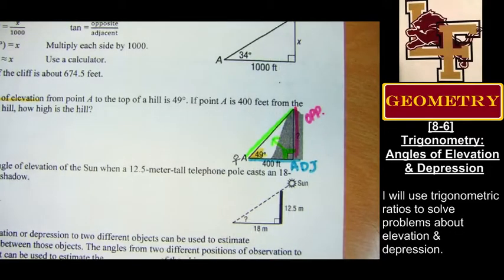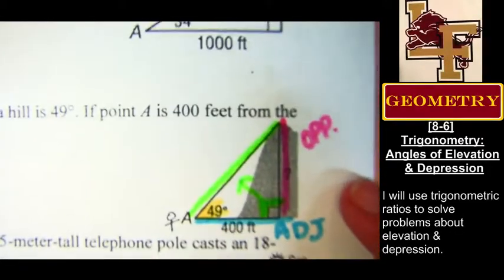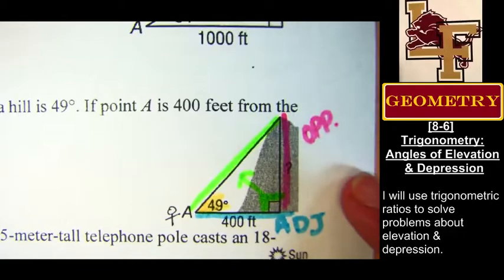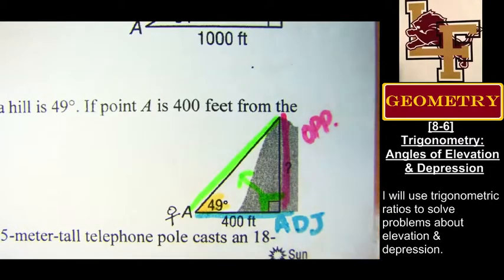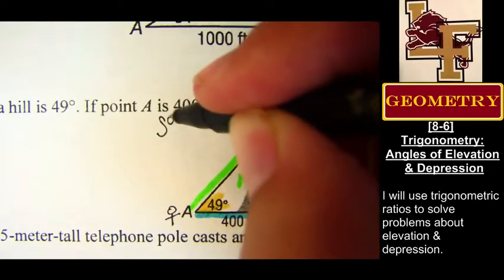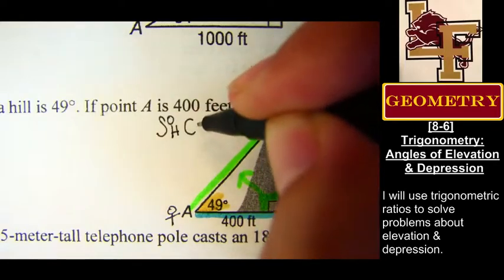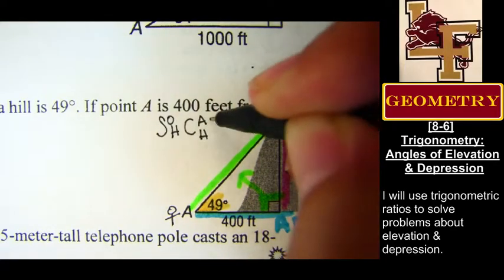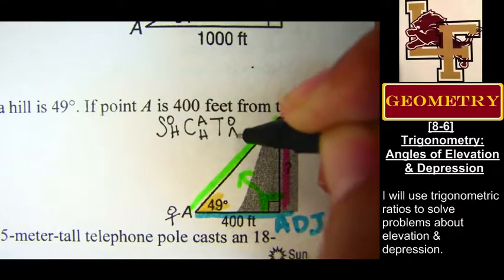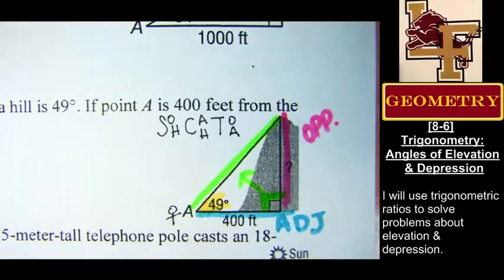Now let's go to our hippies to help us figure out which trig ratio we're going to use. Some old hippie taught another hippie, trip on. All right. We have no information on hypotenuse.